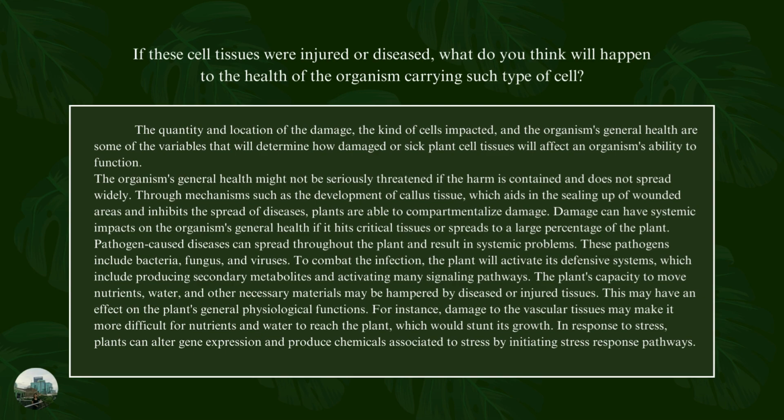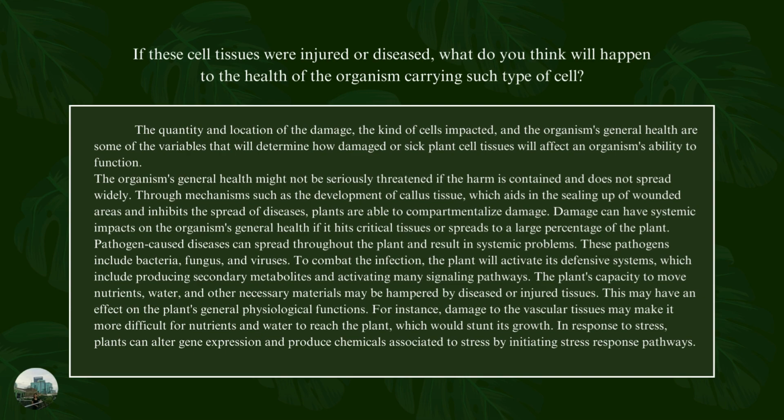The organism's general health might not be seriously threatened if the harm is contained and does not spread widely. Through mechanisms such as the development of callus tissue, which aids in the sealing up of wounded areas and inhibits the spread of diseases, plants are able to compartmentalize damage.